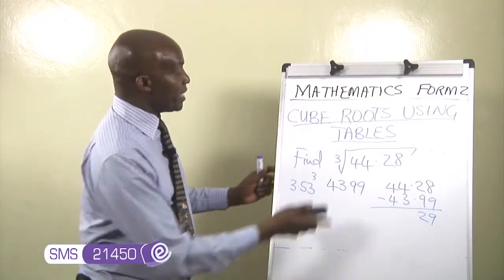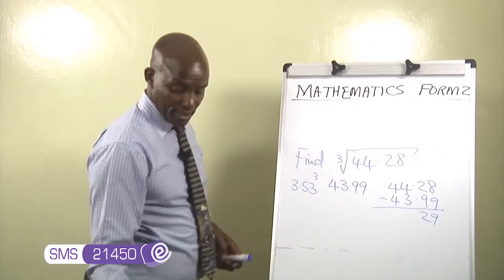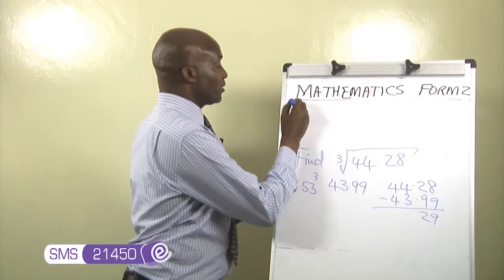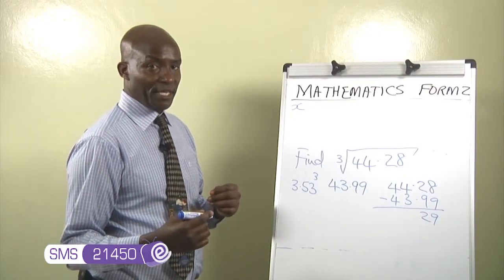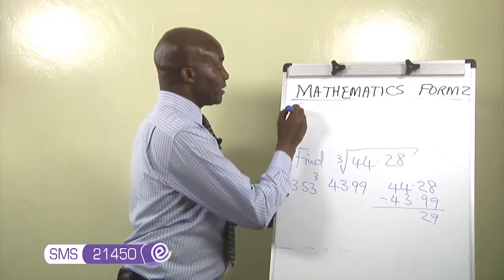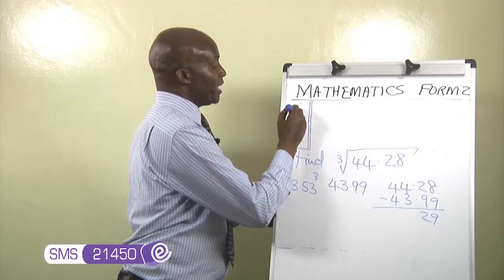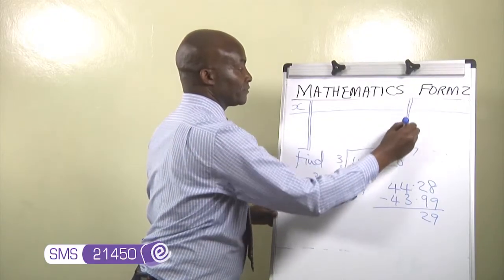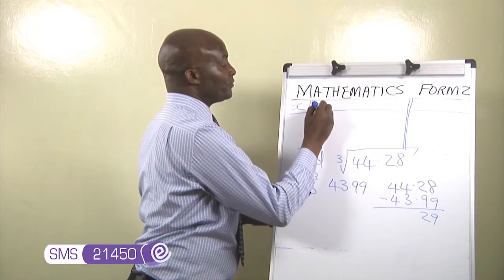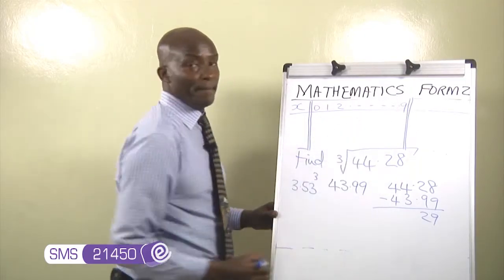Now I think I should bring back our cube tables so that I can explain. As you see, we have 3 sections of columns on the cube tables. There is the column X, then from there we have the major columns starting from 0, 1, 2, all the way to column 9.